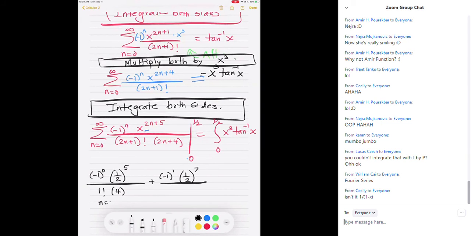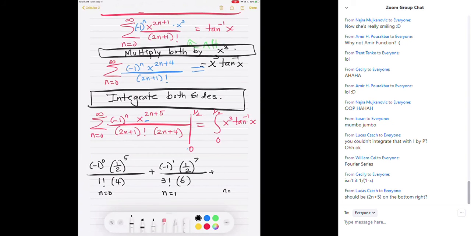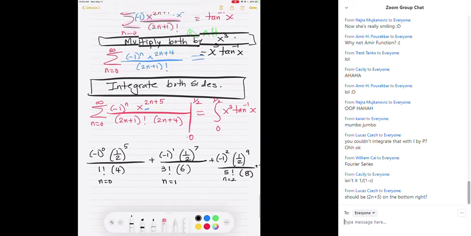And this is n equals 0. This is n equals 1, this is n equals 2, and so on and so forth.